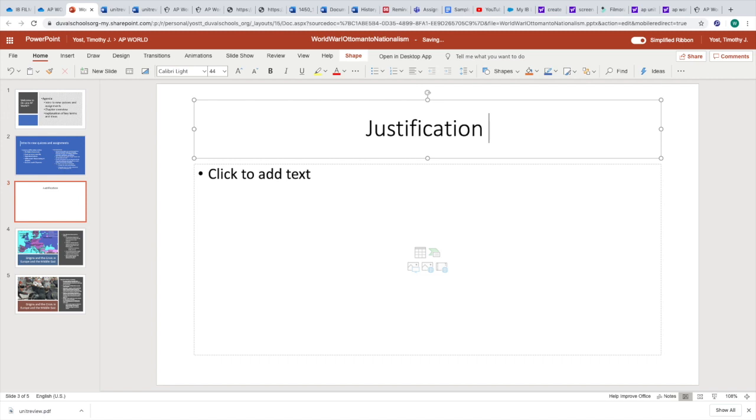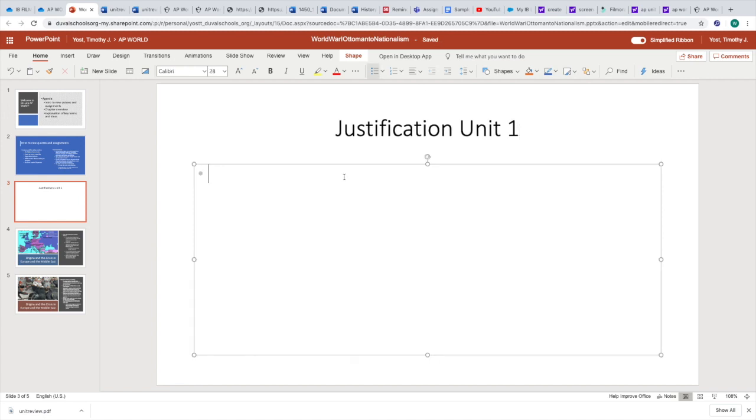Justification, unit 1. And let's say you do Song Dynasty. I think everybody should do Song Dynasty. And you would just give a 1 to 2 sentence justification. So I'm just going to put in some words here.